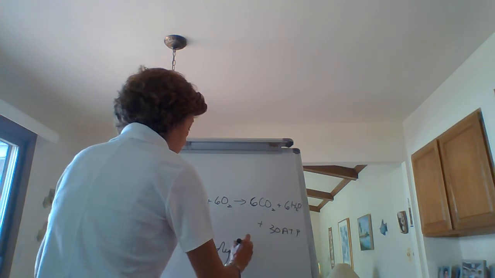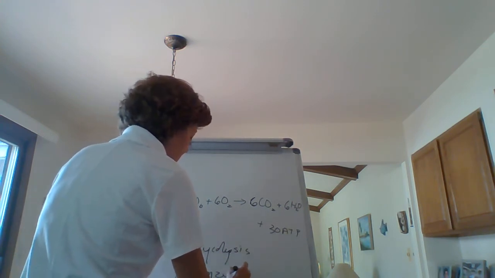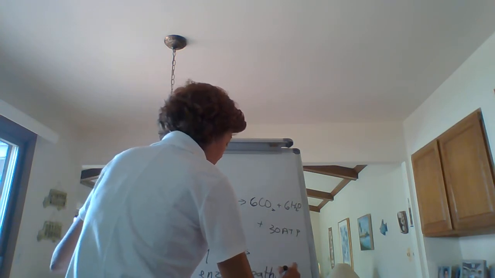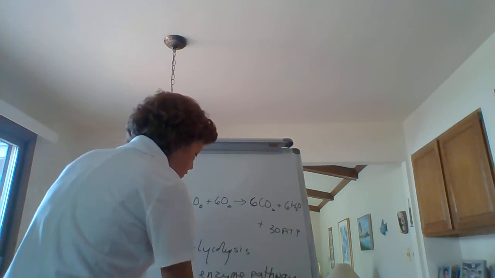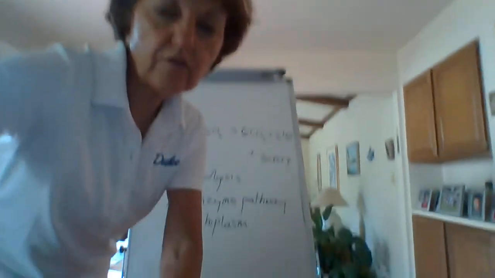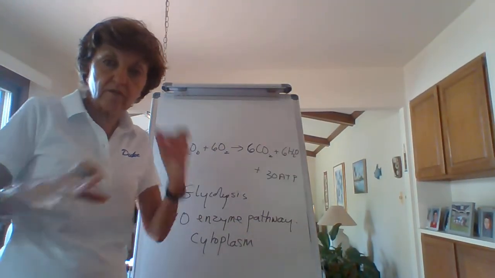Glycolysis is a 10 enzyme pathway, and these enzymes are in the cytoplasm. Remember, we talked about the cell having a nucleus and all that liquidy stuff around it.